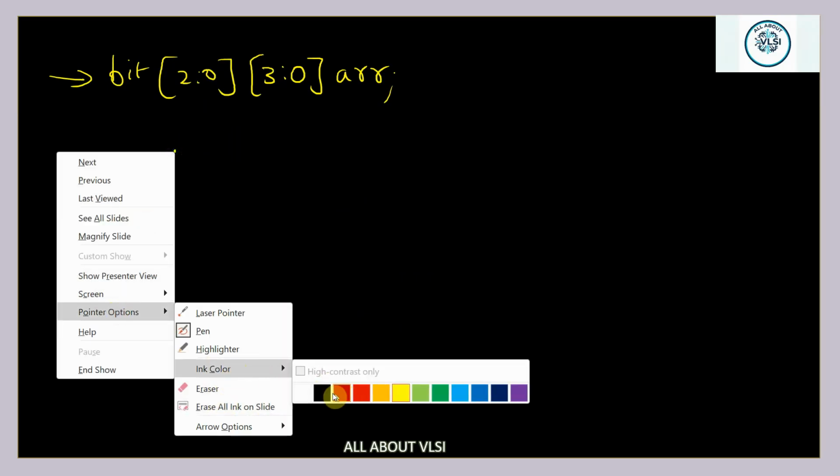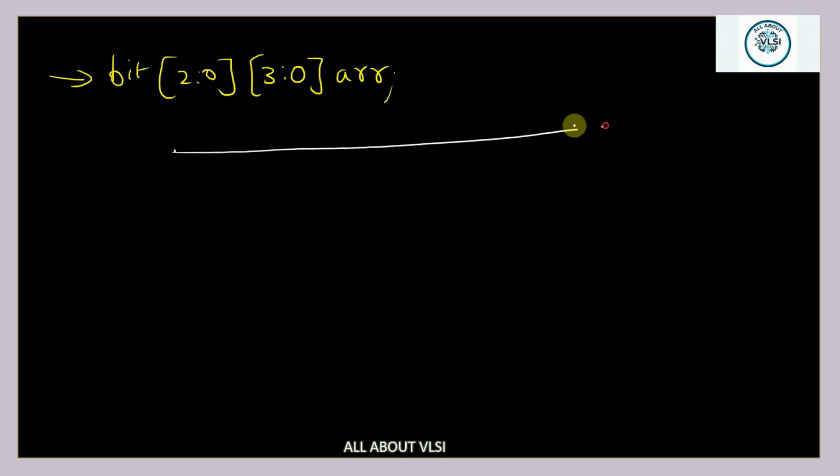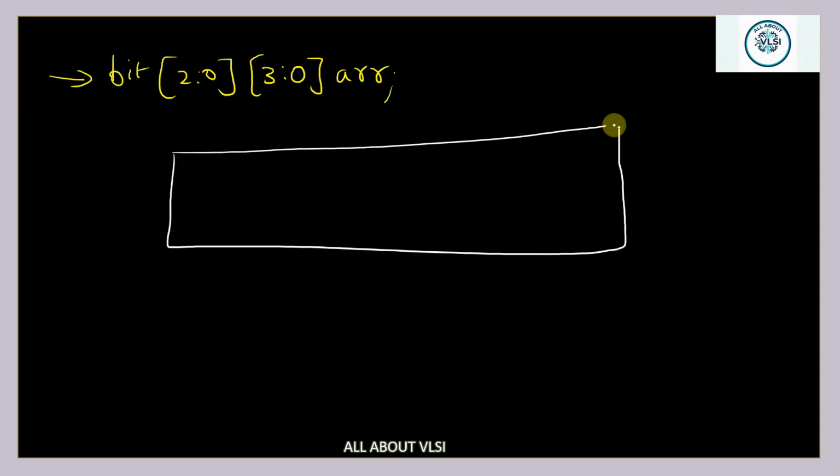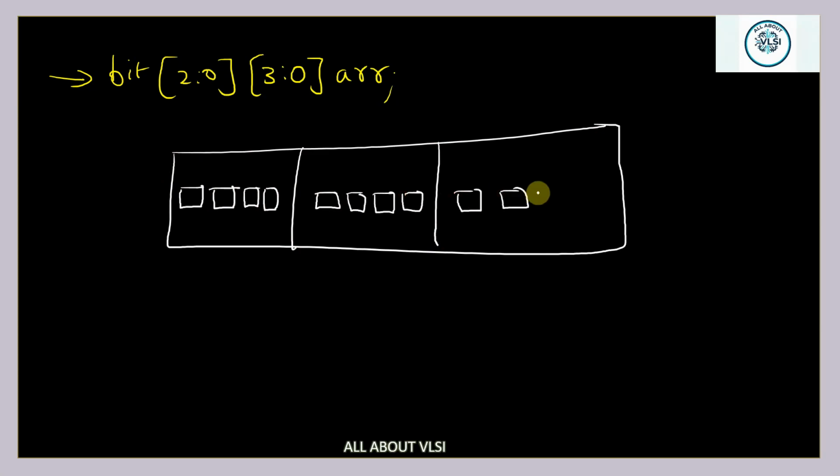Let's say I have one, two, three sections, and in each section I have four bits: one, two, three, four, each. The index of the sections is 0, 1, 2. Now coming to the bits, the index of each bit is 0, 1, 2, 3.